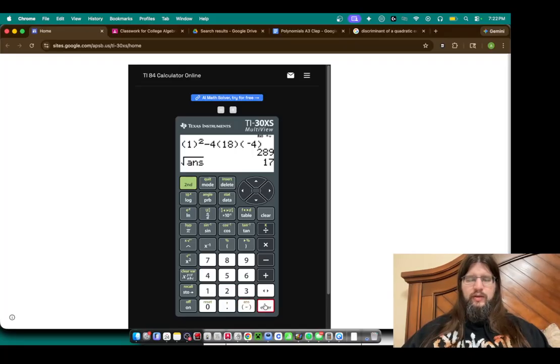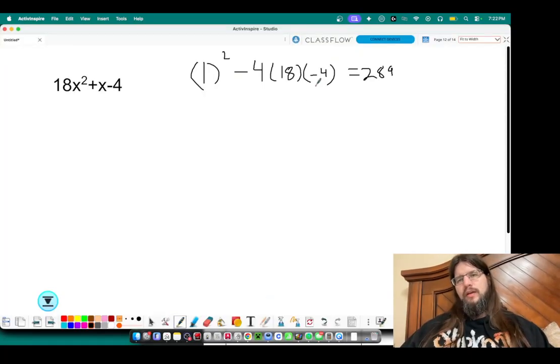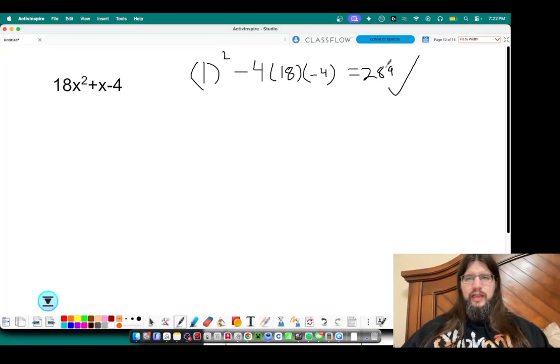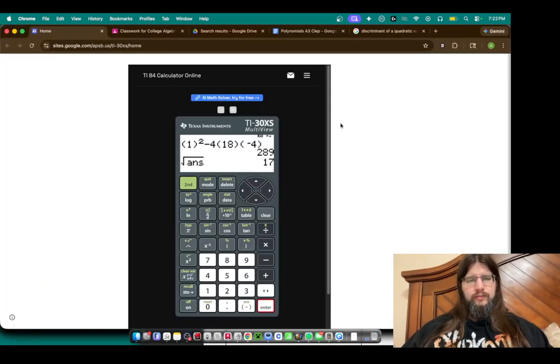Answer button there, and oh yeah, it's 17. So yes, it's a perfect square. We're good. Let's factor it. So again, this is just checking. Can we factor it? Yes. Yes, we can. Do it.